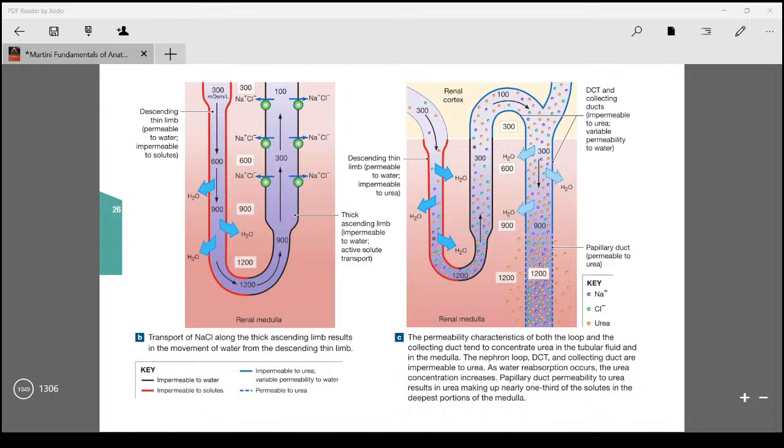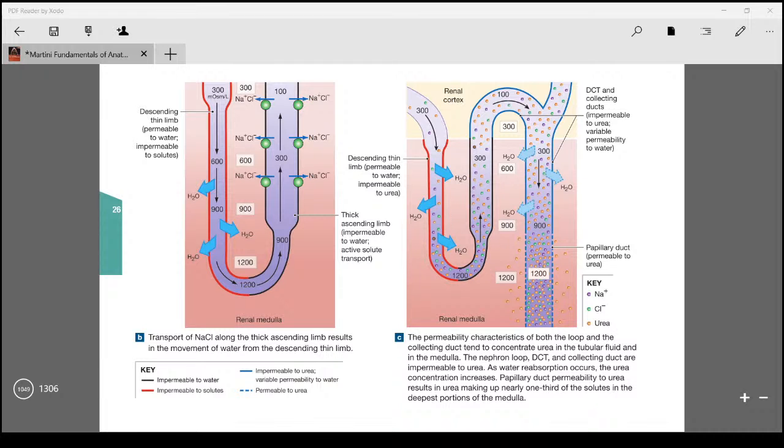Number two, it establishes a concentration gradient in the peritubular fluid also. When it establishes a concentration gradient in the peritubular fluid, it is known as the medullary osmotic gradient that permits the passive reabsorption of water from the tubular fluid in the collecting system.